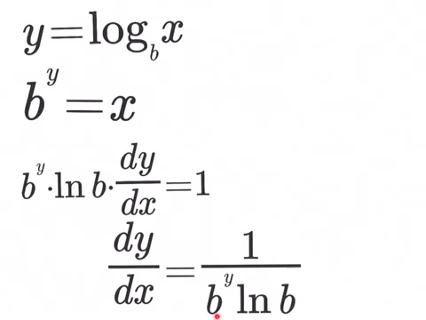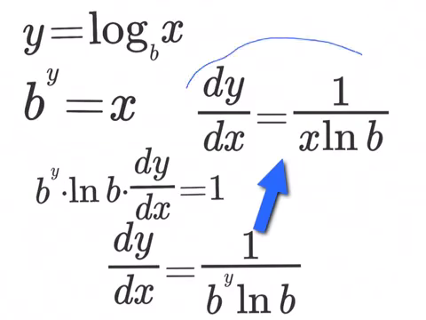But what's b to the y? Well, b to the y is x. So if we make that replacement, we get that dy dx is equal to 1 over x times the natural log of b. That is, the derivative of the log base b of x is equal to 1 over x times the natural log of b.